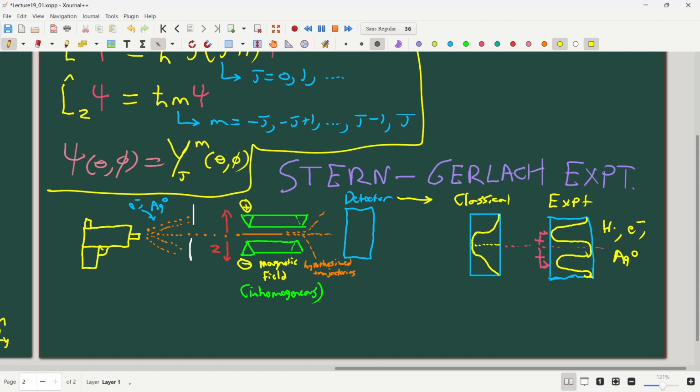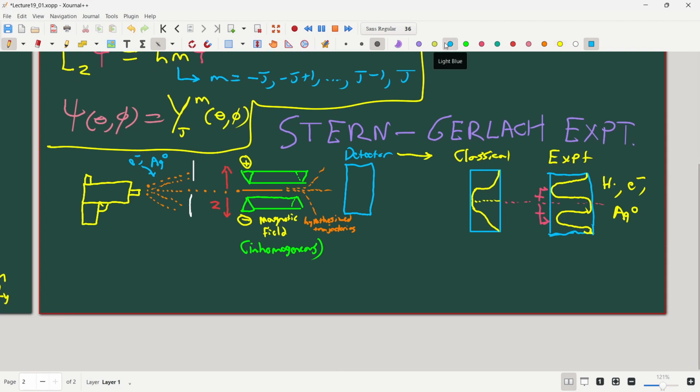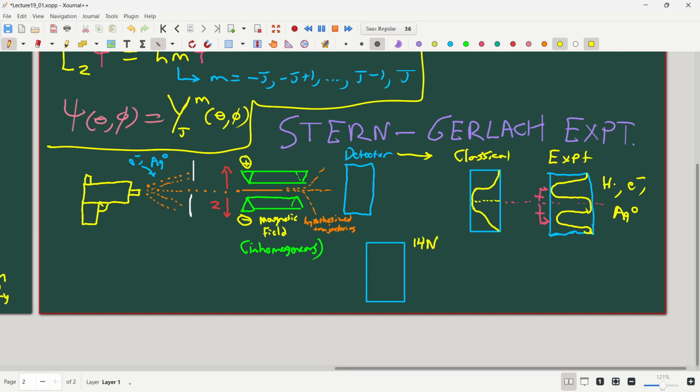All right, so what happens when we change particle? What if we do this instead with, let me give you a better option, and this is what they actually followed up with. What if instead I use nitrogen-14, so regular old nitrogen-14, this is just a normal nitrogen you know and love.